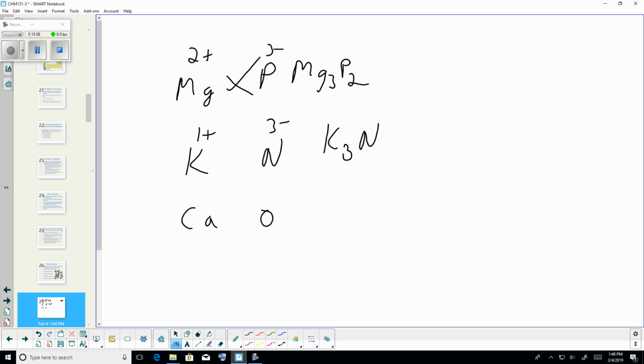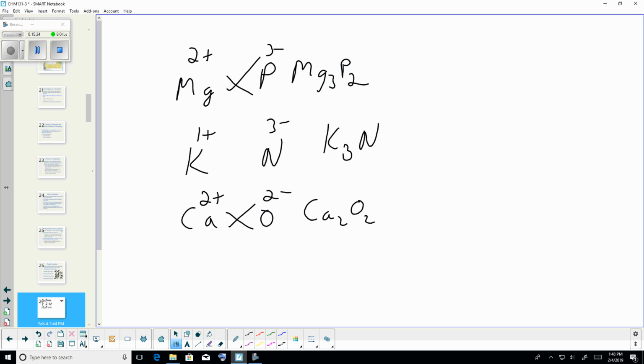Yeah, if you do the numbers, this is where you gotta be careful. So this is 2 plus, this is 2 minus. If you do the crisscross, you get Ca2O2. But remember I said you gotta have the simplest group of numbers, so you can reduce that.